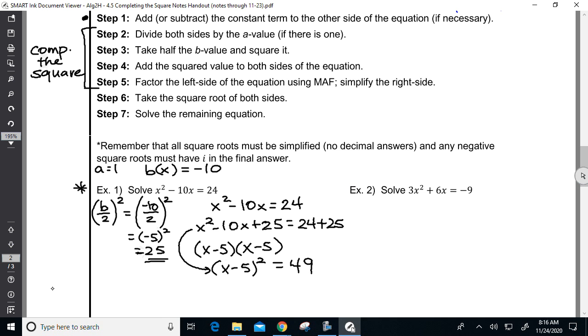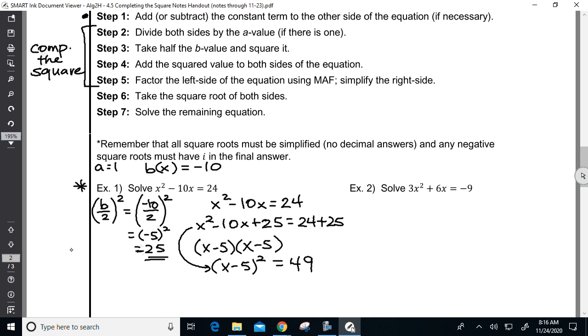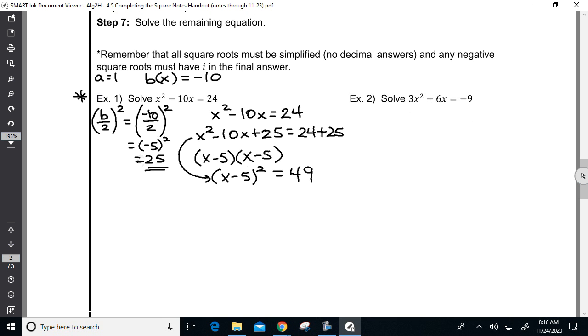All right, through step 5, step 6, take the square root of both sides. Now you're in a position where you can actually take the square root. So now you take the square root of both sides. That gives you x minus 5 equals plus or minus 7.